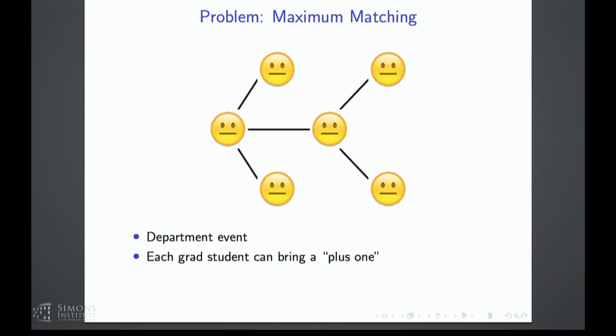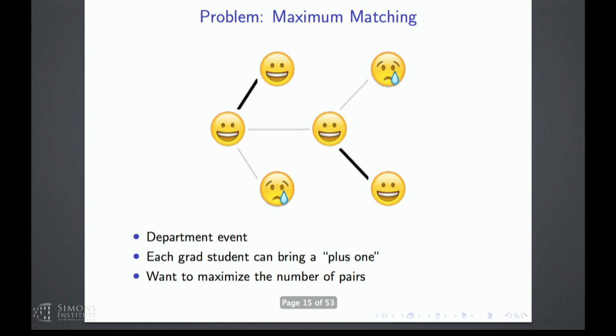And what they want to do is basically to pair up among each other. And this is an example of such pairing. So the students who are paired up are happy, and the rest of them are very sad and lonely. So we want to minimize the number of unhappy students by maximizing the number of pairs. And then the list of pairs is called the matching in this graph.